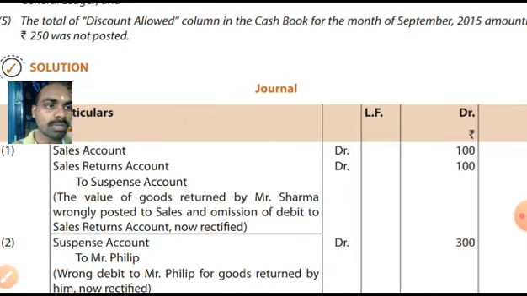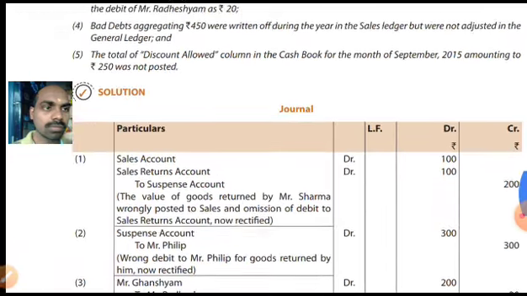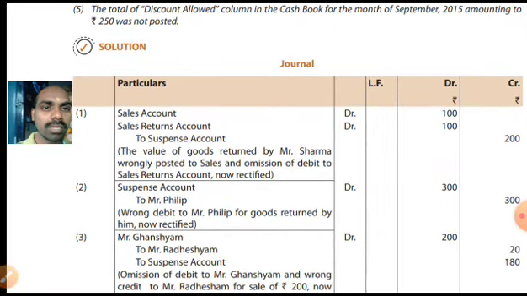So sales return account is debited, and to suspense account, because it is a clerical error and not an error of principle. So sales account debit, sales return account debit to suspense account. This is how rectification will be made for the first case. Okay, clear?